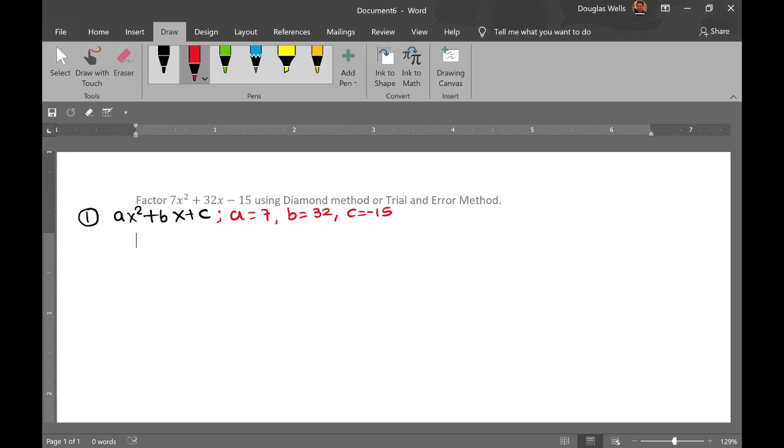That's step number 1. Step number 2, you multiply A times C. So when you multiply A times C, you get 7 times negative 15, which is negative 105.